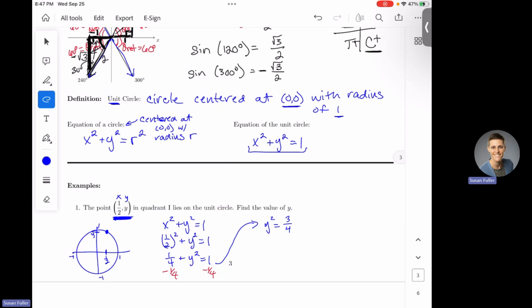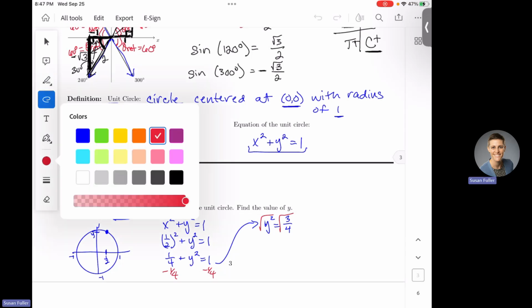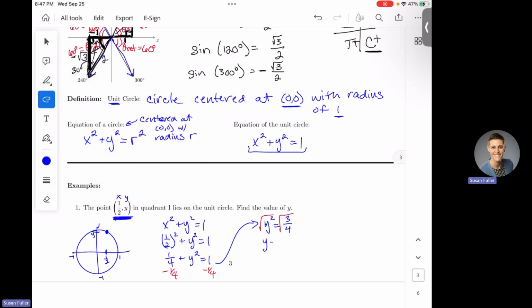And so that means that y has to be the square root of both of those. And again, I took a square root, so don't forget your plus and minus. I know that y has to be plus or minus the square root of 3/4.